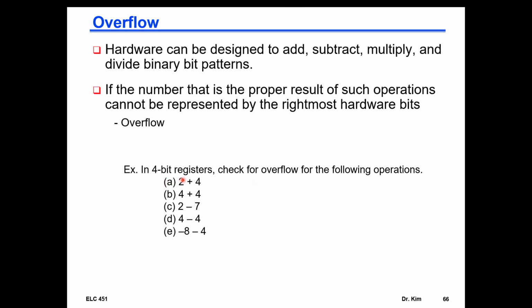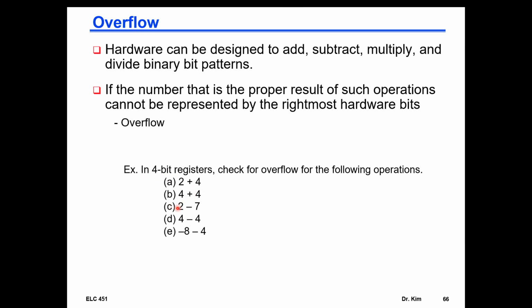If we do this operation, we get 6. We can hold 6. If we do 4 + 4, we will have an overflow because we cannot hold the number 8. Our maximum positive number for a 4-bit register is 7.